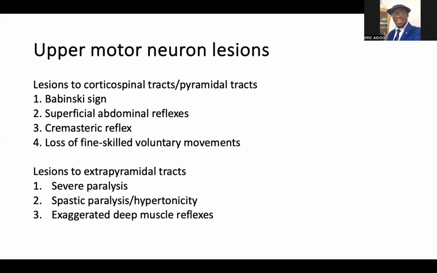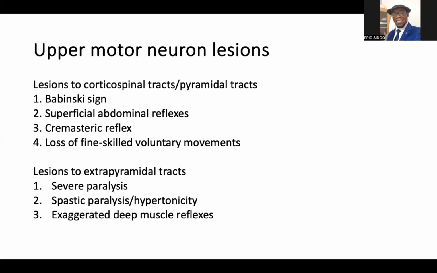You have the Babinski sign, so there will be a positive Babinski sign. You also have loss of superficial abdominal reflexes and the cremasteric reflex. You have also loss of fine-scaled voluntary movement. You should know what all these mean. The Babinski sign is where you have the fanning out of the toes and the dorsiflexion of the big toe.